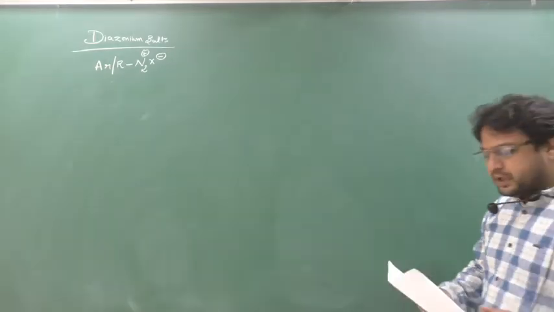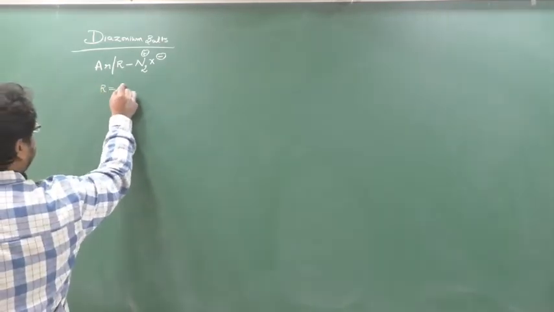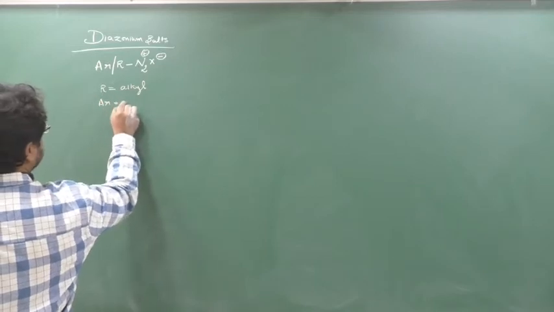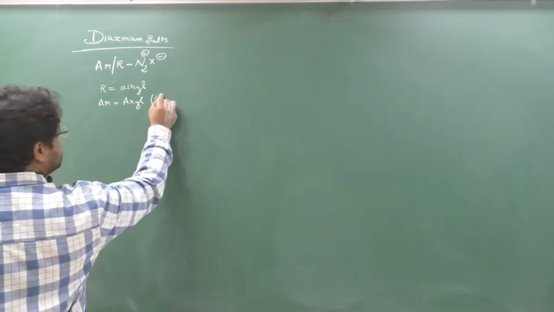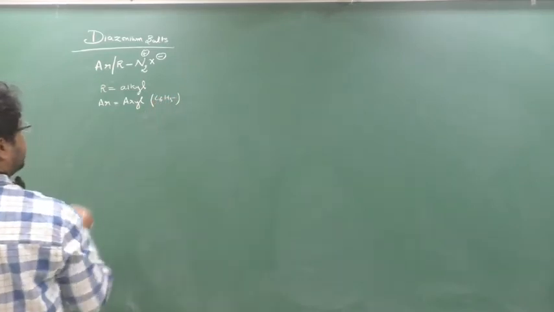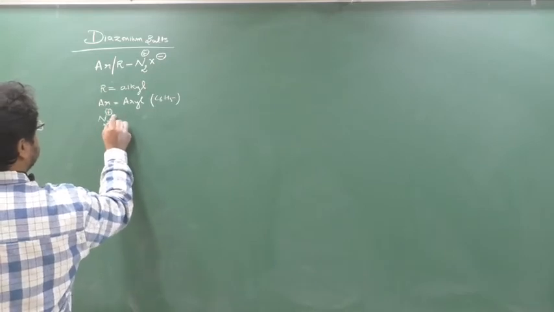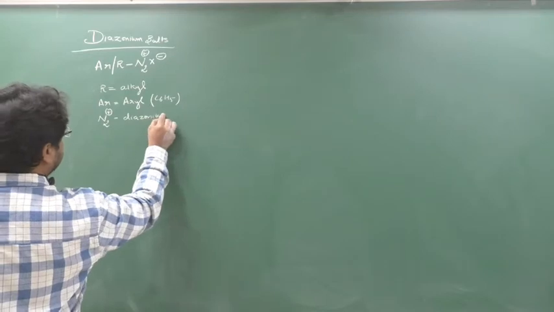Why? I will tell you. Clear? So here R is alkyl. Here Ar is aryl, and in aryl also a special case, only C6H5 we are going to study. Clear? We can say here N2 plus is diazonium, and this also I told you in the last class.